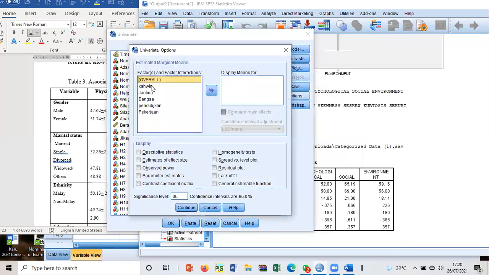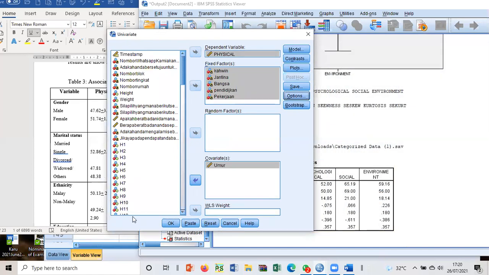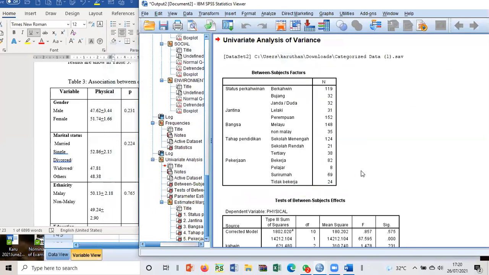Under options, and then parameter estimate. Check, okay, sometimes in the later version, there will be one more, EM means. EM means for this and option to get this value. Continue and click OK.